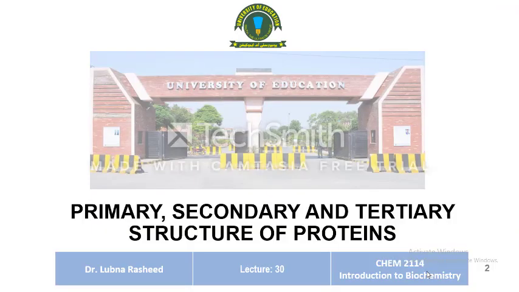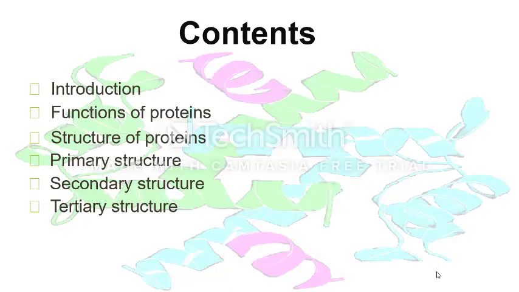Today I'm here with lecture number 30, that is primary, secondary and tertiary structure of proteins. The contents of today's discussion are, first of all, a brief introduction about proteins and their classification, and then we will move towards the function of these proteins, the structure of proteins and the classification on the basis of the structure of these proteins.